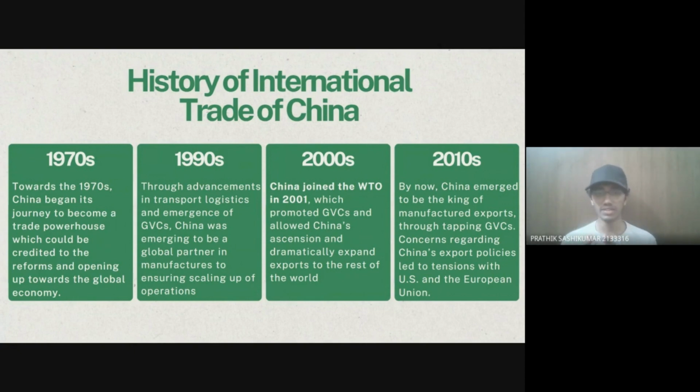In 2001, China joined the World Trade Organization, which promoted GVCs and allowed China's ascension to drastically expand exports to the rest of the world. By 2010, China was regarded as the king of manufactured exports, tapping the GVCs. Around this time is when the concerns regarding China's export policies began and led to tensions between China and the US and the European Union.